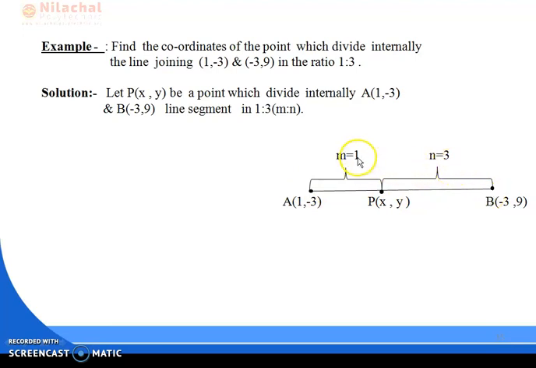That means m equals 1, n equals 3. Let the point whose coordinate is x, y divide internally the line segment AB in 1:3. So x1 is 1, y1 is -3, x2 is -3, y2 is 9.